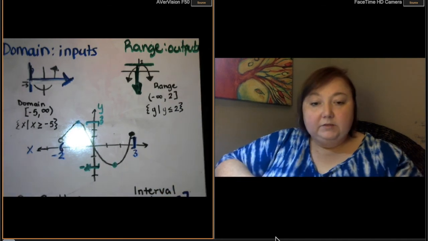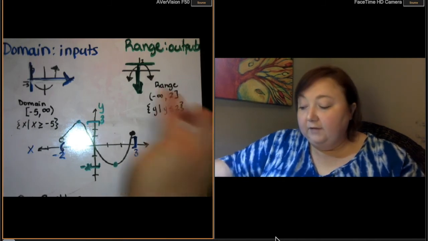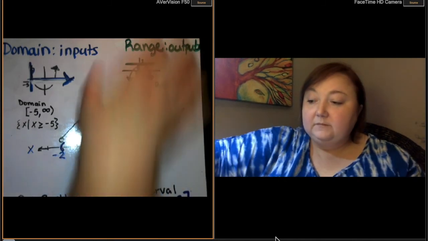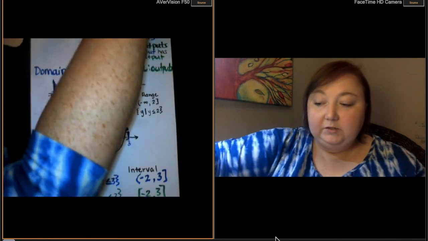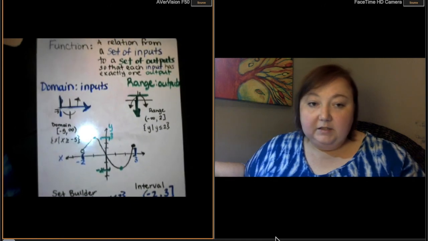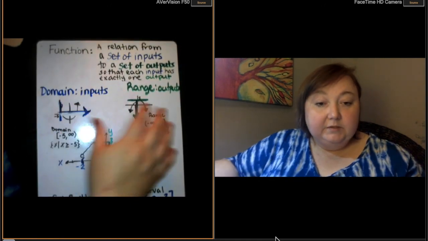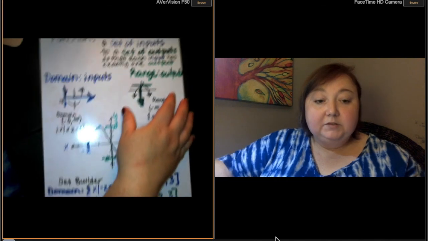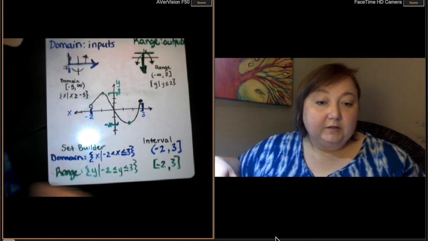So that's how you would deal with set builder notation and interval notation when you have a graph that does not end. So again, just looking at the whole picture here, what you need to be able to do in this lesson is understand domain is your set of inputs, range is your set of outputs, and then you will also look at set builder and interval notation.